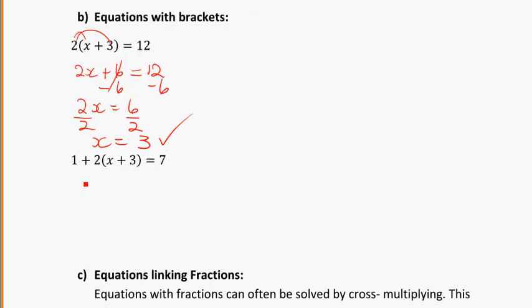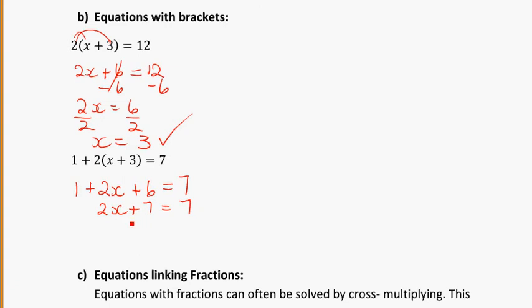Okay, the next one. We've got the 1 there, so just leave it there. We're only going to expand this bracket first. Plus 2x plus 2 times 3 is 6 equals 7. Now you want to gather like terms if they're there on one of the sides. So I'll write that as 2x plus 7 equals 7.